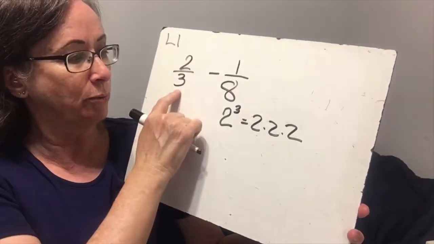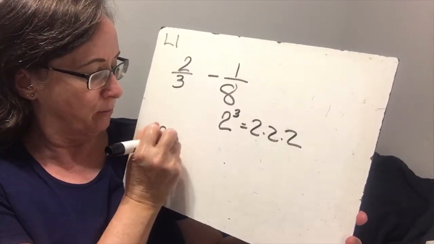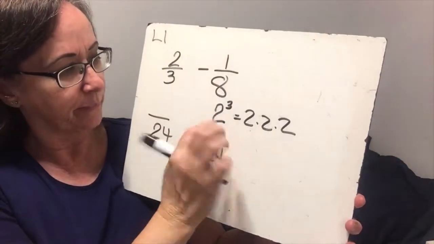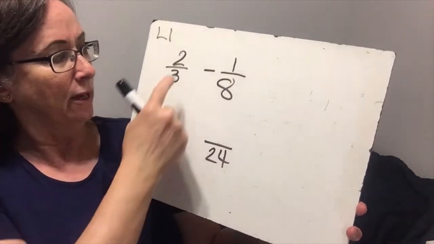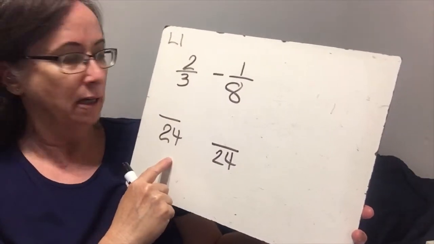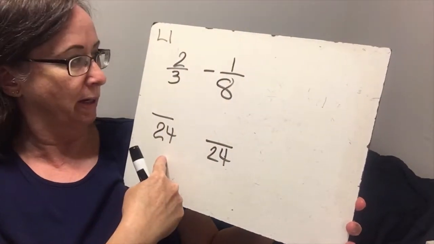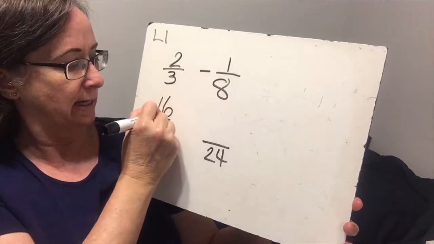So 3 times 8 is 24. So we're going to have 24 and 24. So we'll erase that. We don't need that anymore. So now 2/3 is how many 24ths? Well, 3 times 8 gives me the 24, so 2 times 8 gives me 16.